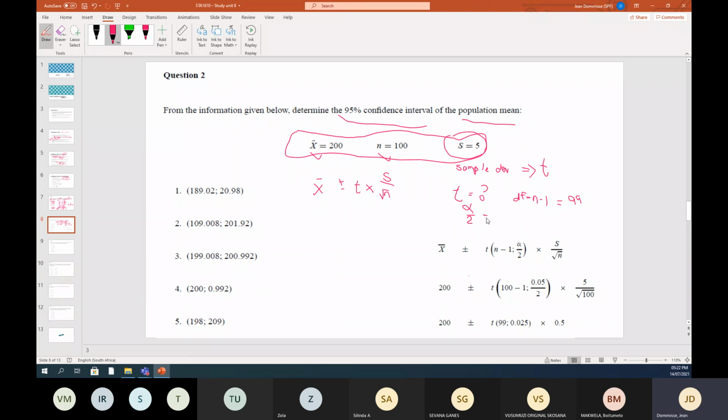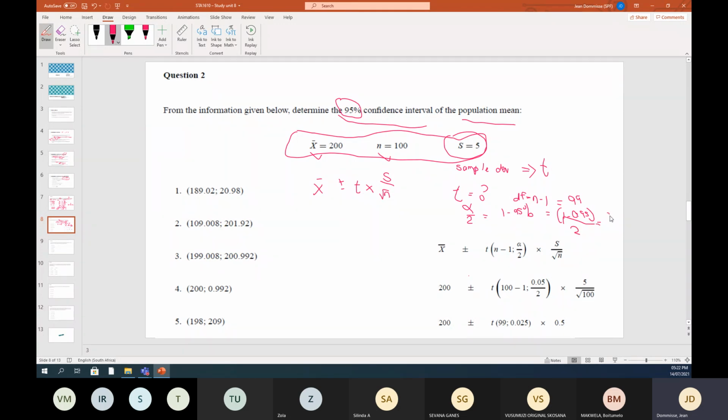So how I work with that is I look at the confidence interval. I see it is 95%. So to get to the alpha, it is 1 minus the 95%. Remember that percent we can also write as a decimal. So 1 minus 95% is equal to 1 minus 0.95, which is 0.05. Then we need to divide by 2, sorry.